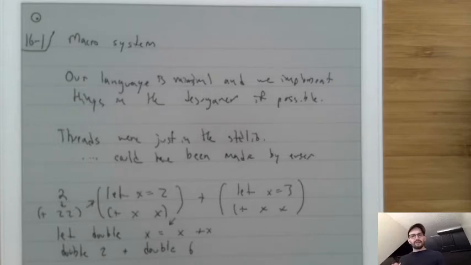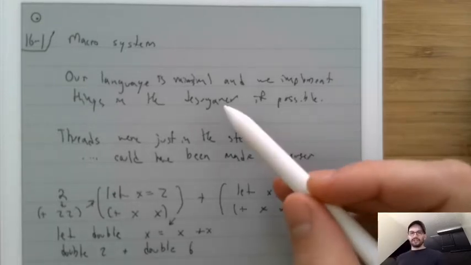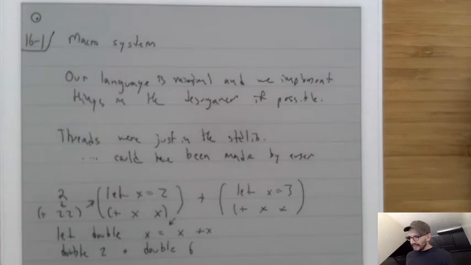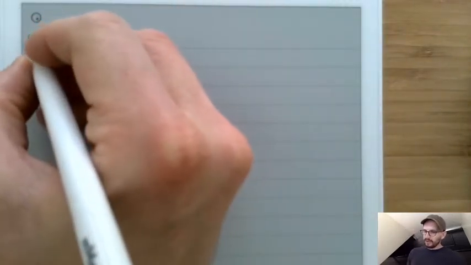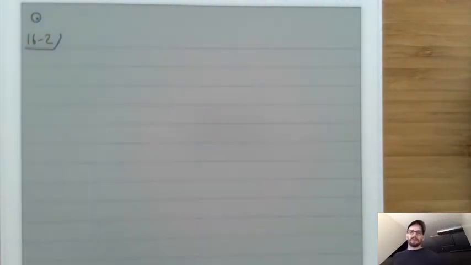Now, many of the features of our language are implemented inside of the desugarer. And in fact, they can only be implemented in the desugarer. So let's take an example of one of them, like let.